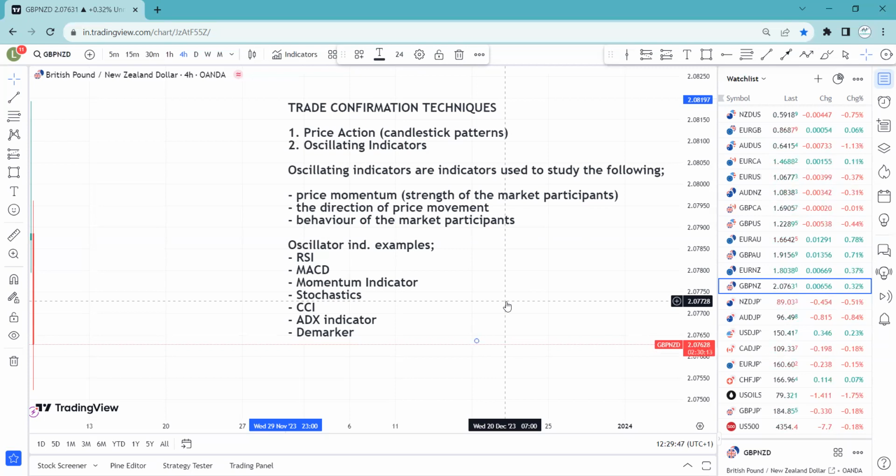They also try to tell you price momentum in the participants of the market. They also try to tell you the behavior of the market participants. These are the three common properties among them.